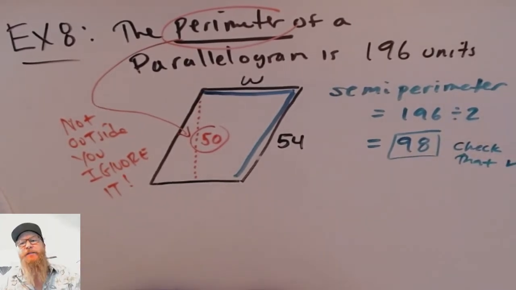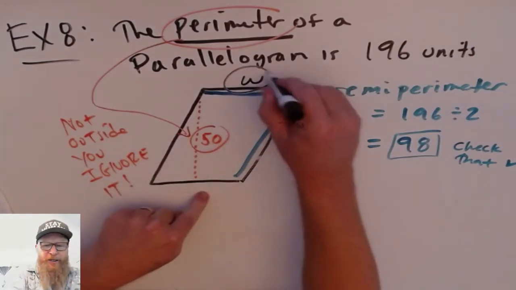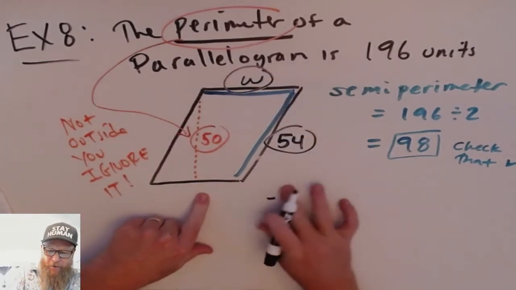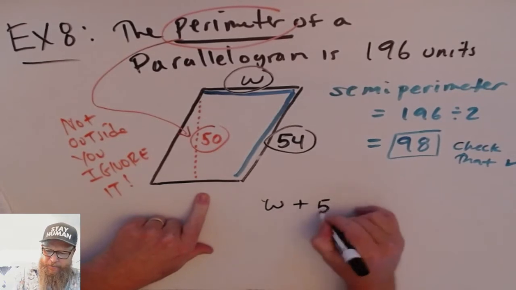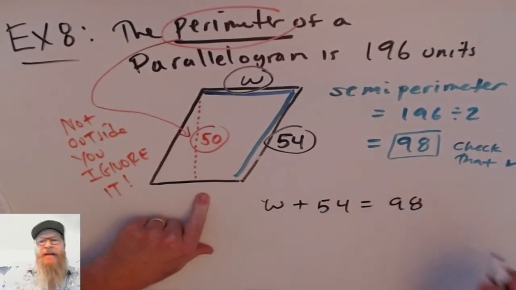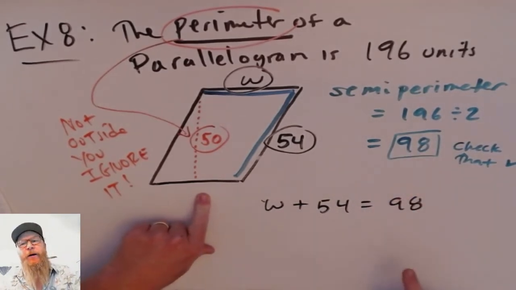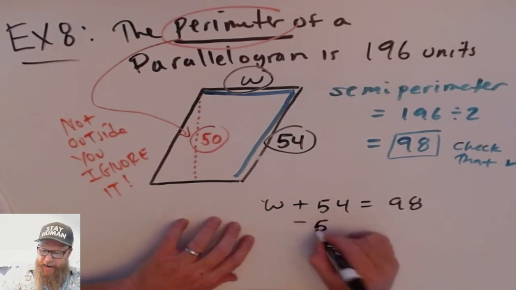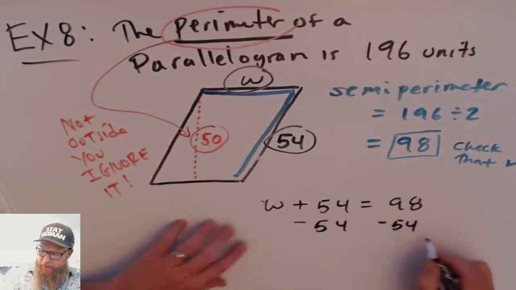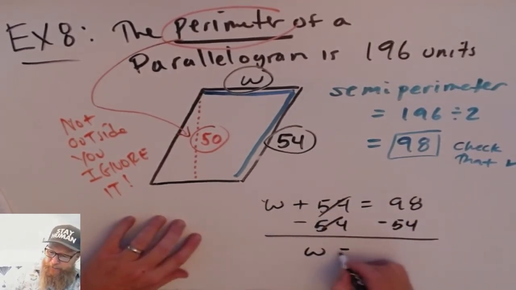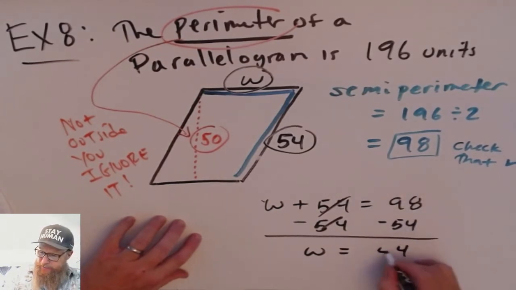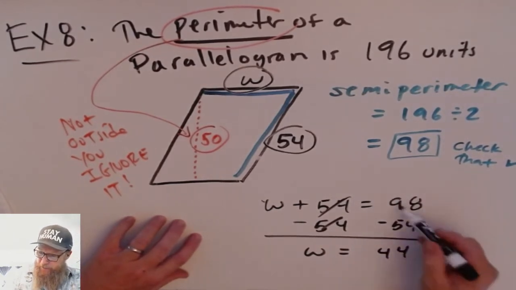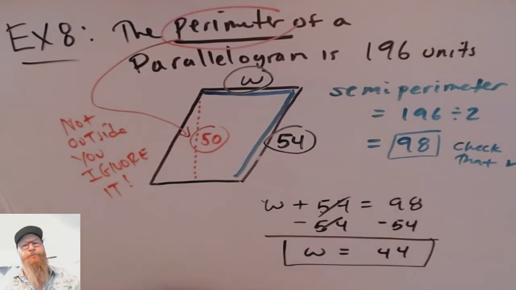Yeah, it is 98. So our equation is going to be W plus 54 is equal to 98. That's the semi-perimeter. And then you're going to subtract the 54, and you're going to get W is 44. 44 generic units, whatever those units happen to be.